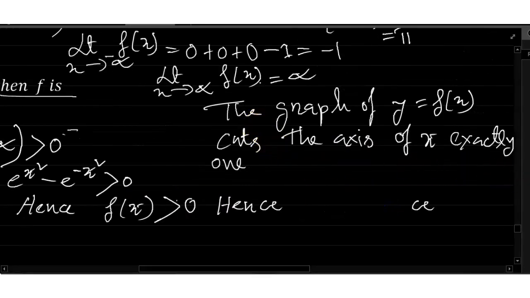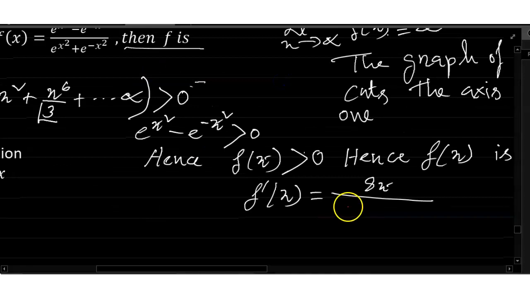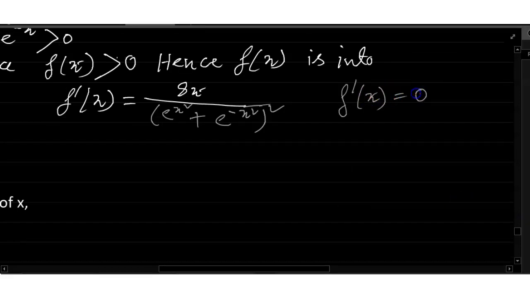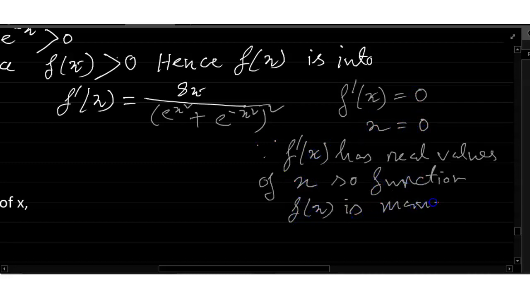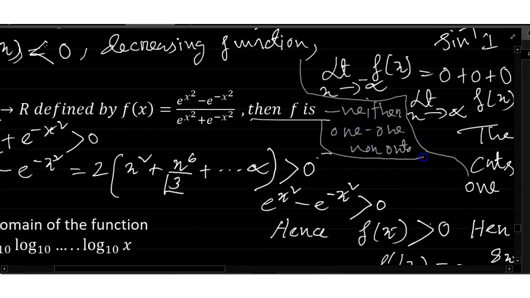Hence f(x) is an increasing function. So friends, f dash x equals 4 divided by e to the power x square plus e to the power minus x square, whole square. f dash x equals 0 gives the values of x. So function f(x) is many one, which is neither one-one nor onto, that is my answer.